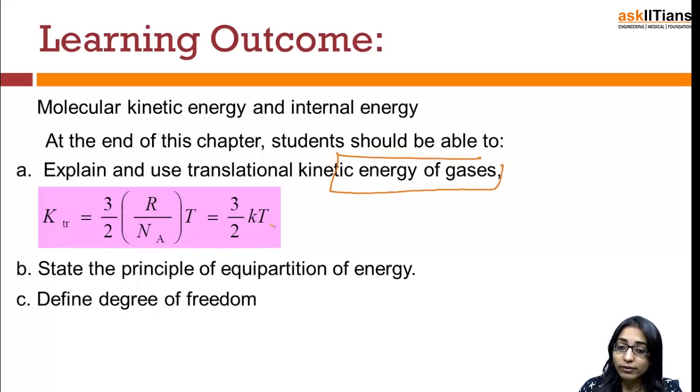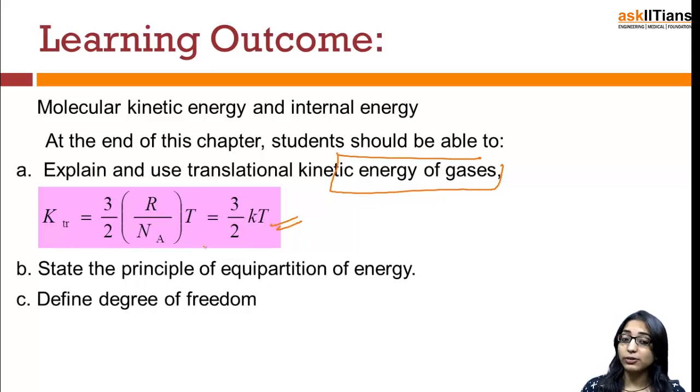There is a formula written over here that the translational kinetic energy is nothing but 3 over 2 R over N_A into T, which is nothing but 3 by 2 k_B T. So where did we get this formula from, and what are all the places where you can use this formula? At the end of the chapter you will be able to discuss everything about this.